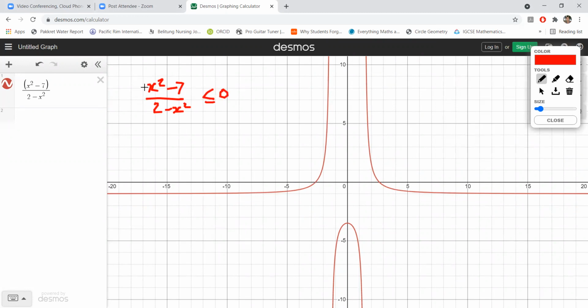So I want to know, where is this below the x-axis here? Where is this value negative? And look at your axis. This is your x-axis. So we're going from this point here, there, and here.